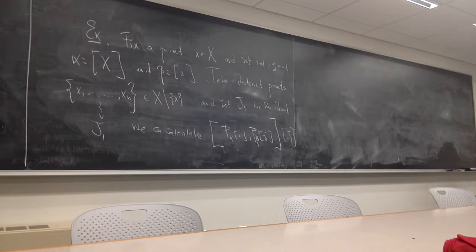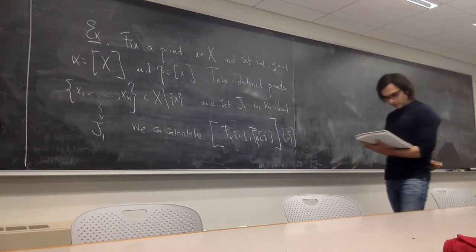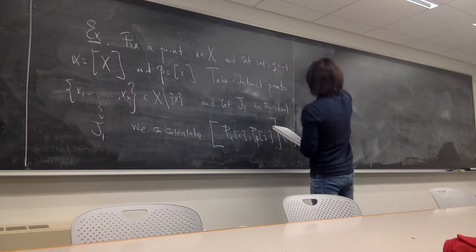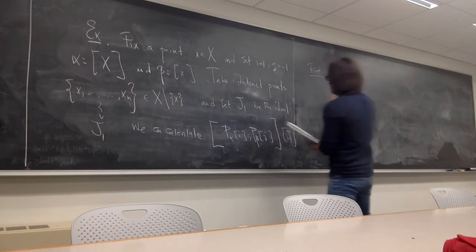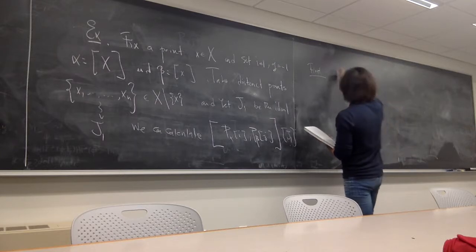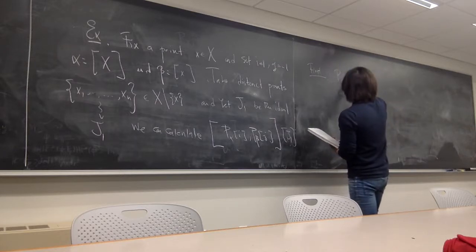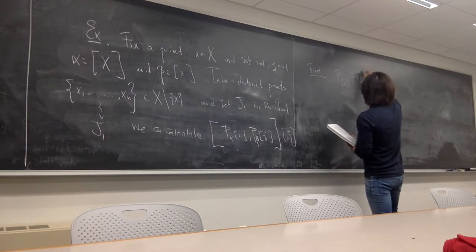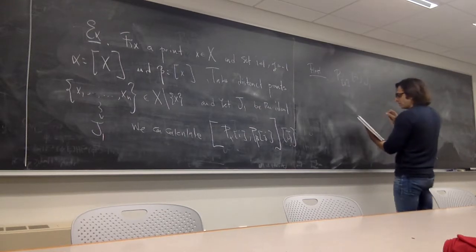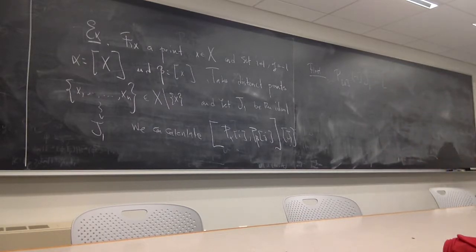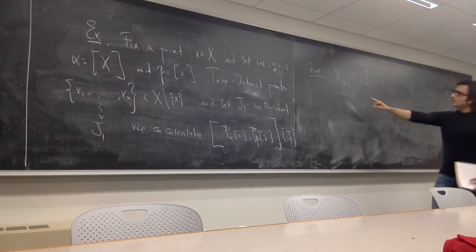So let's just calculate it. First, let us note that P of little x in degree 1 acting on J1 is, okay, so what does this do?